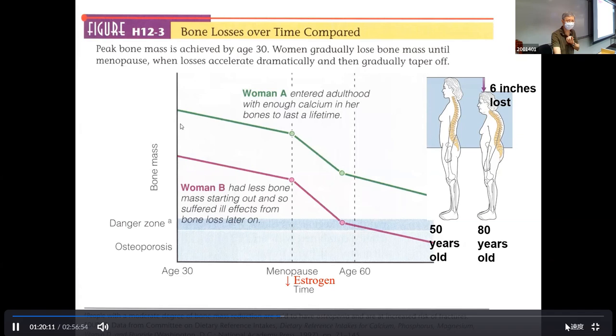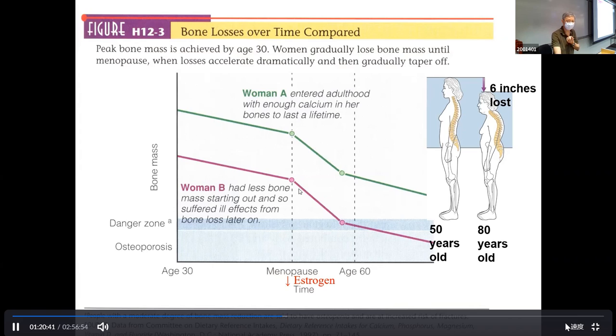So imagine you have 2 individuals, woman A and woman B. At age 30, woman A has this much bone mass, woman B has this much bone mass. Then they go through the aging process, presumably in this case at the same rate of decreasing bone mass.